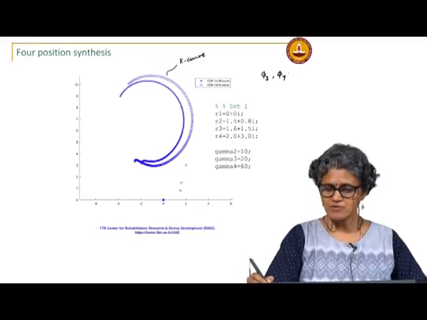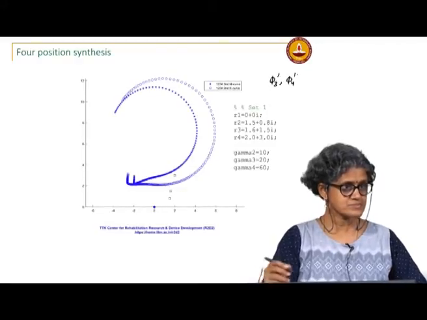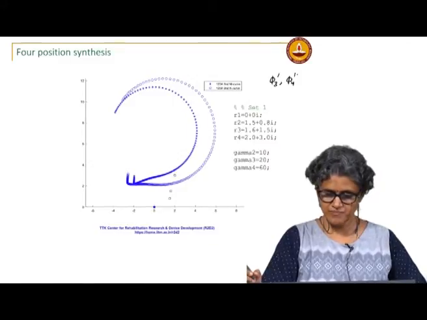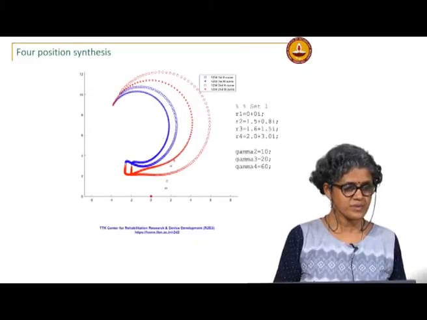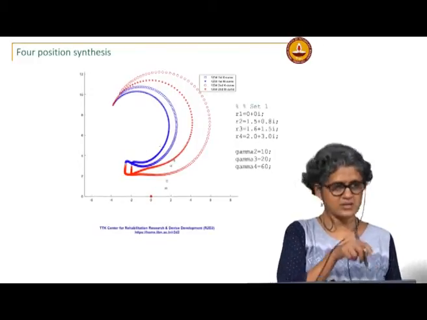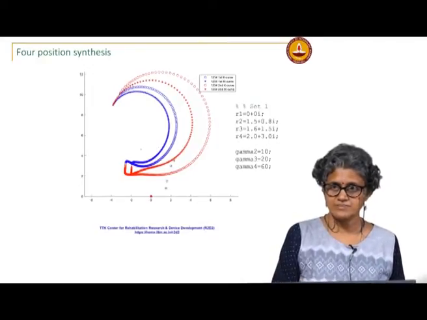This is for phi 3 dash phi 4 dash, same as phi 2, phi 3 dash phi 4 dash in the compatibility equation. And if you look at it, if I plot both on the same, you can see that they meet, because this particular linkage is capable of full rotation.